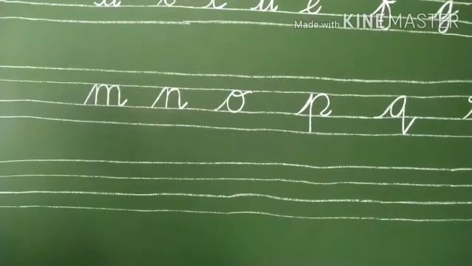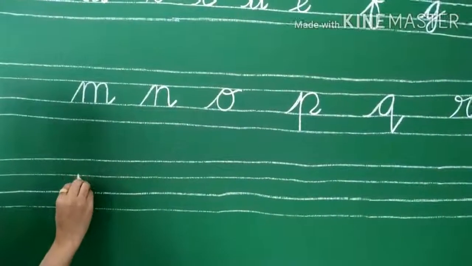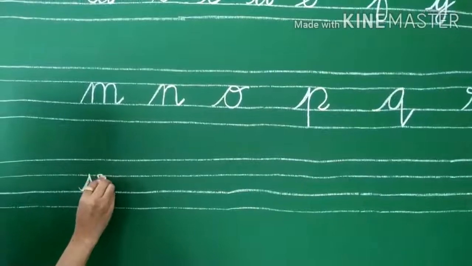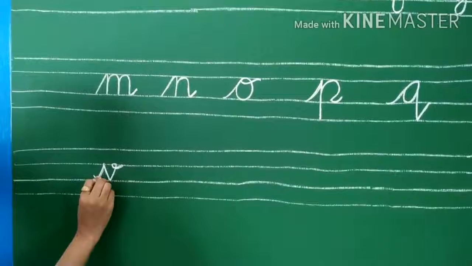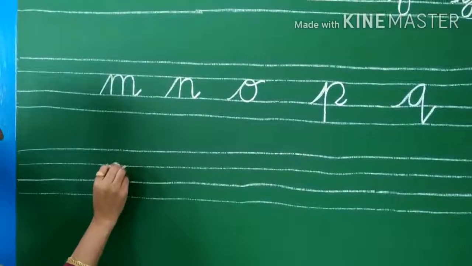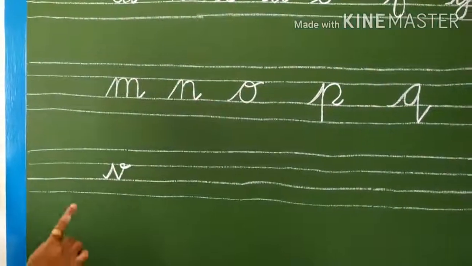To write v, draw a curve and draw a slanting line, again an upper slanting line ends with a knot. To write v, draw a curve and draw a slanting line and an upper slanting line ends with a knot. It's small v.